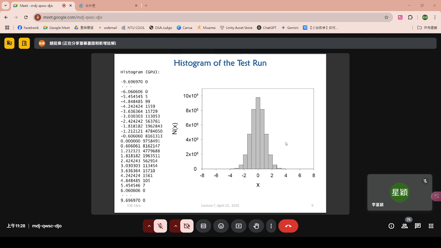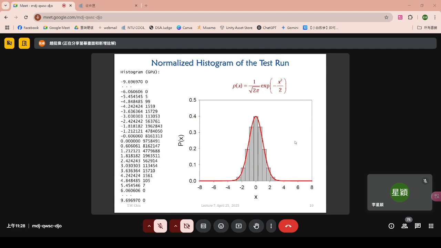So you can see this is the Gaussian, compared to the theoretical distribution with sigma equal to 1. The red curve is the theoretical one, and this is the histogram.